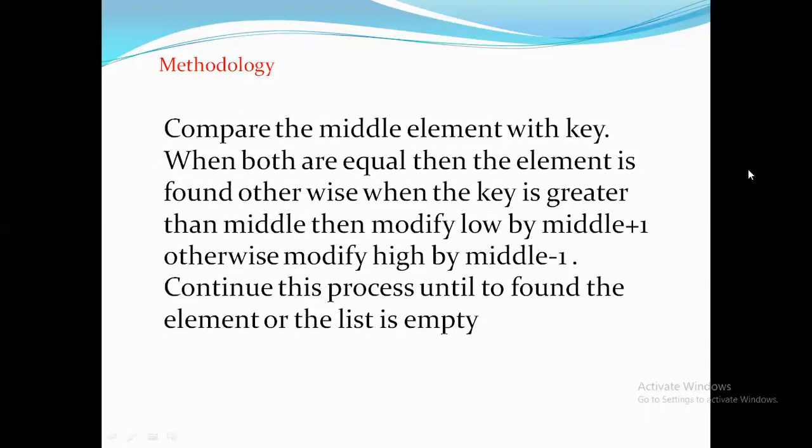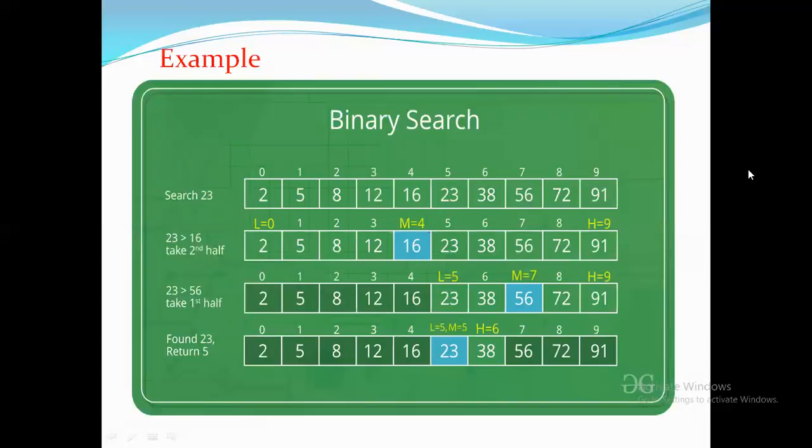Consider one example. The array contains 10 elements, all in sorted order: 2, 5, 8, 12, 16, 23, 38, 56, 72, 91. The key element we are searching for is 23.